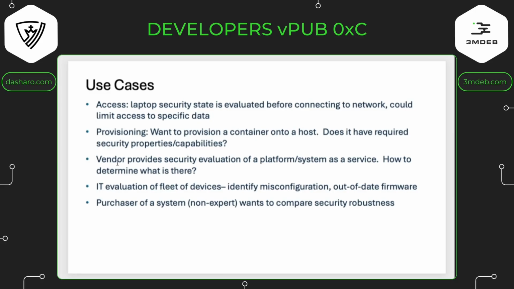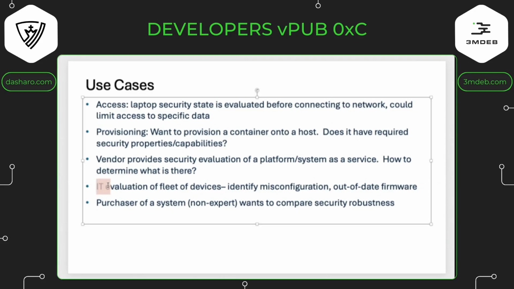Another one, in the case of ARM, given the diversity of platforms, if someone wants to evaluate an ARM system, like Piotr was talking about, how can you know what's there? It'd be very difficult to do a security evaluation that's custom for every different ARM SoC.